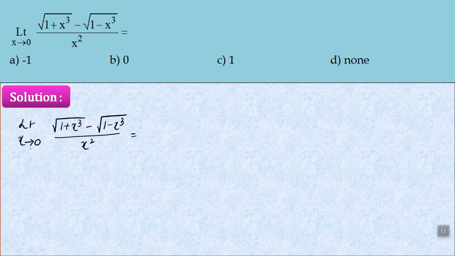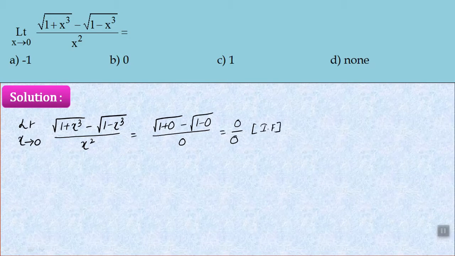Here we substitute the limit, we get square root of 1 plus 0 minus square root of 1 minus 0, divided by 0, is equal to root 1 minus root 1, which is 0 divided by 0, of the indeterminate form.